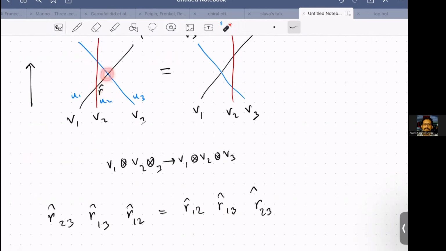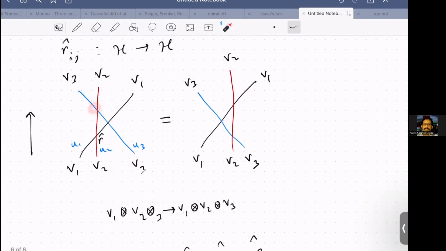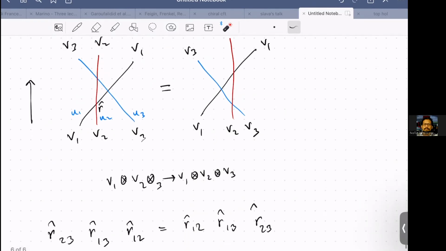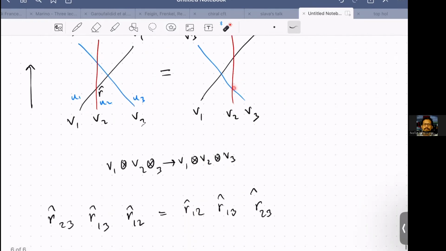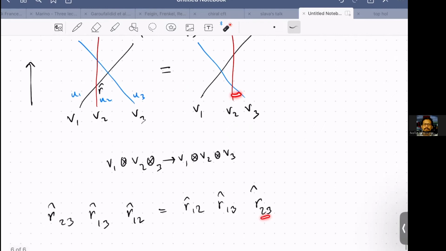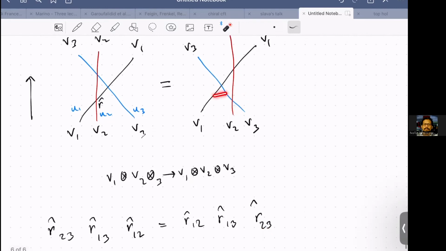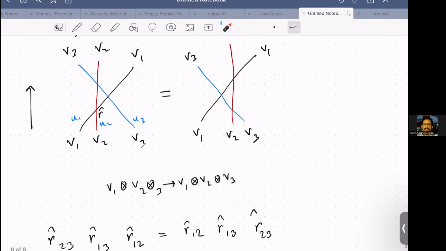Here I have 1, 3. Here I have 2, 3, right? Left to right in the input. So this first and then this. So here I have 2, 3. Here I have 1, 3. And here I have 1, 2. Yeah, that's fine.